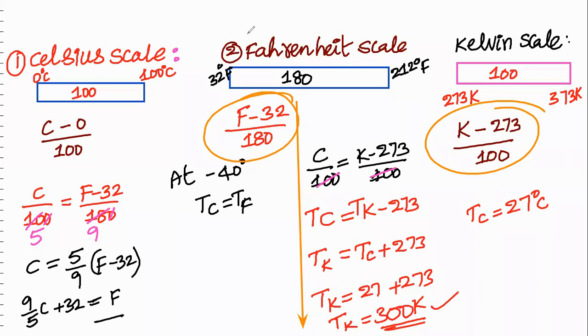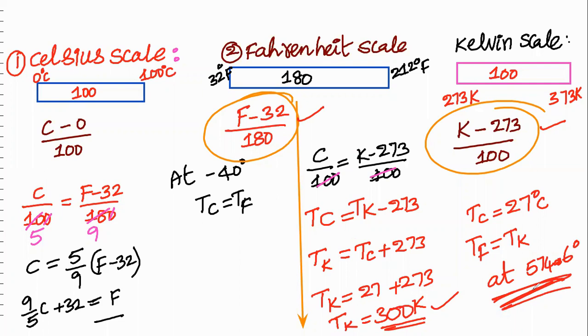The temperature on the Fahrenheit scale and the temperature on the Kelvin scale will be the same at 574.6 degrees. At 574.6 degrees, both temperatures will be the same on the Kelvin scale as well as the Fahrenheit scale.